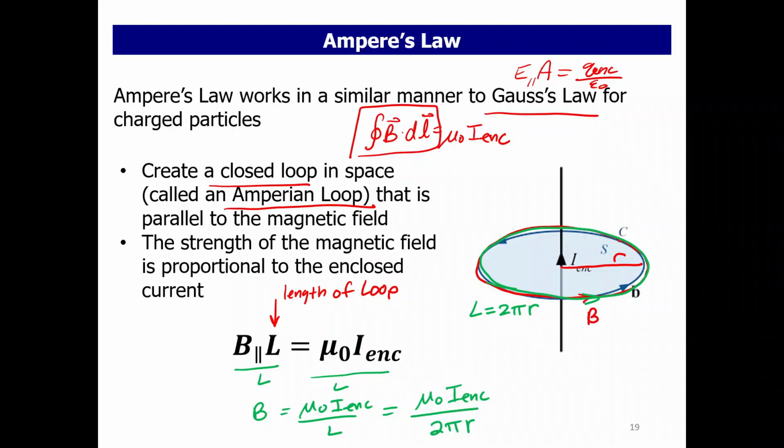Ampere's law can apply, and we can solve for those equations that I gave you. For a single loop, B is equal to mu naught I over 2r. Or for the solenoid, B is equal to mu naught N times I over L. All of these can be derived from Ampere's law.